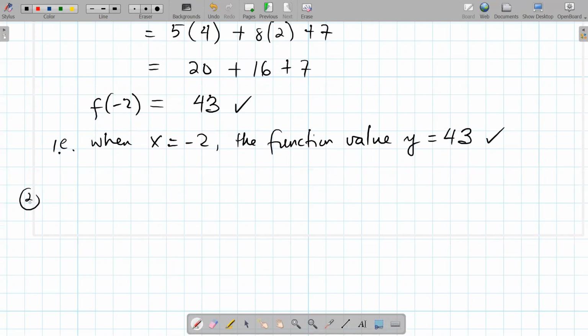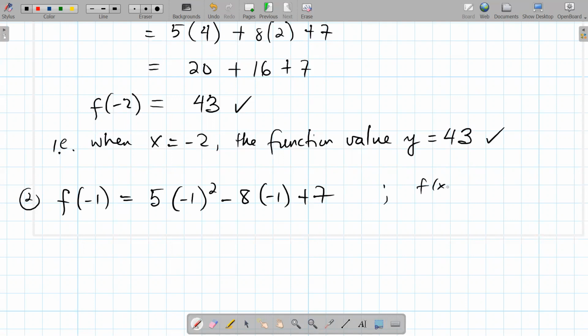So the second one, we are looking at f of negative 1, and it's the same process. I'm going to go back to the equation, which basically is a function, and I plug in negative 1 for wherever I see x. So it's going to be 5 times negative 1 all squared minus 8 into negative 1 plus 7. Remember that the function is f of x equals 5x squared minus 8x plus 7. This is what we're working with. So take note. Just circle it so you know.